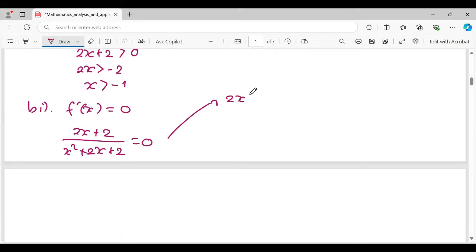So 2x + 2 equals 0 because the denominator times 0 equals 0. So 2x equals minus 2 and x equals minus 2 over 2, which equals minus 1.